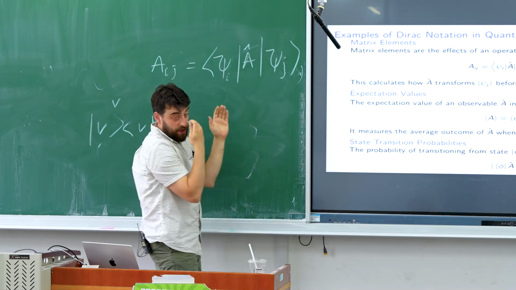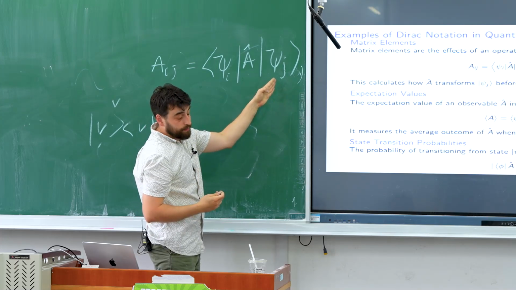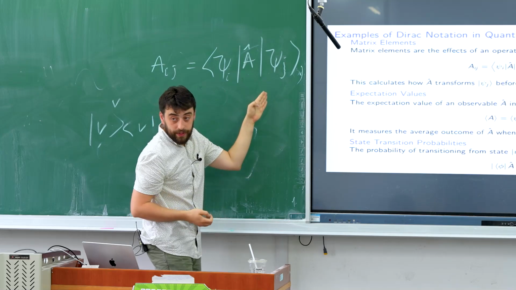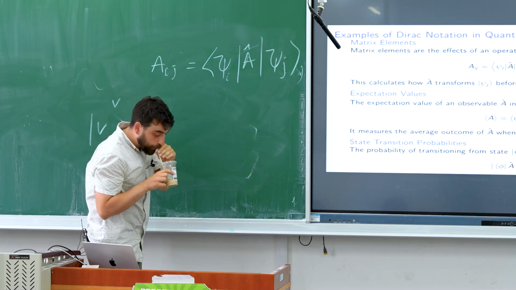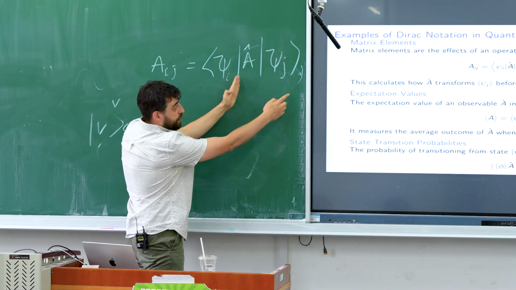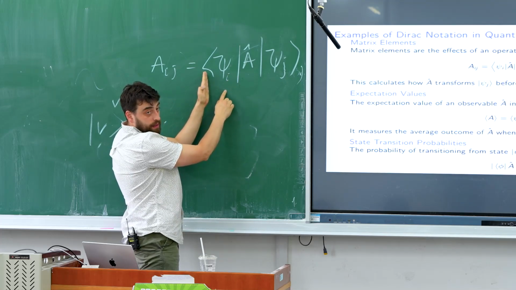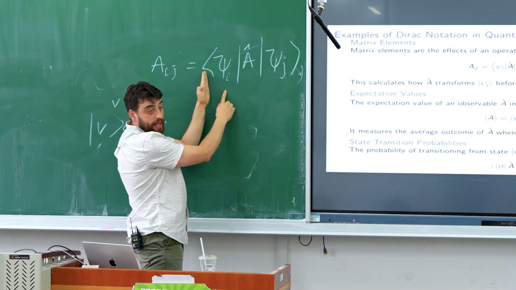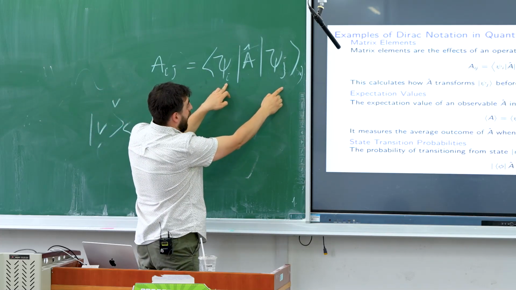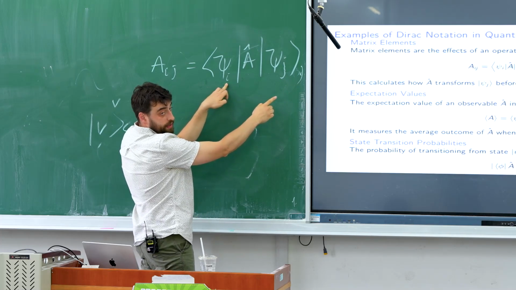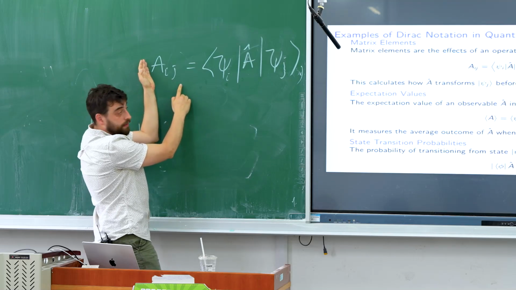If we apply our operator to an element of our state vector, and then take the resultant vector and dot product it with another element of our state vector, what we get is the expectation value of ij. The expectation value of ij goes into the element of the matrix A_ij.